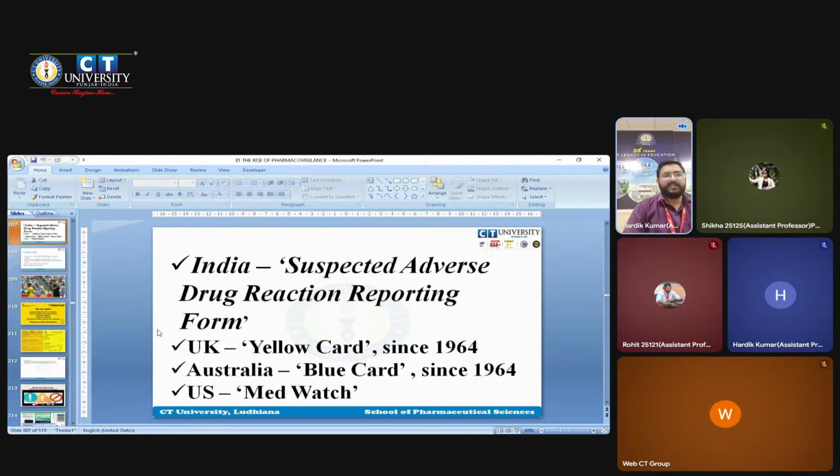In India, there is a suspected adverse drug reaction reporting form. The UK has had a yellow card system since 1964. Australia has a blue card system. The US has MedWatch.